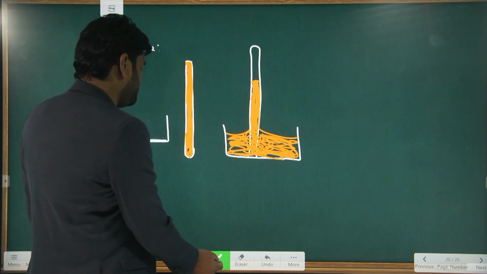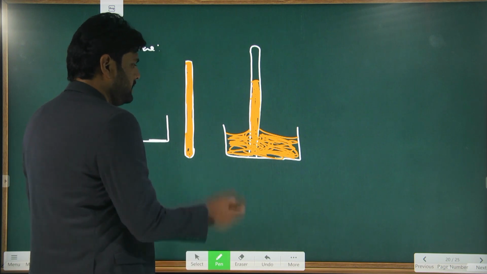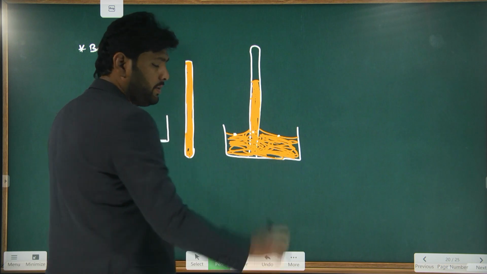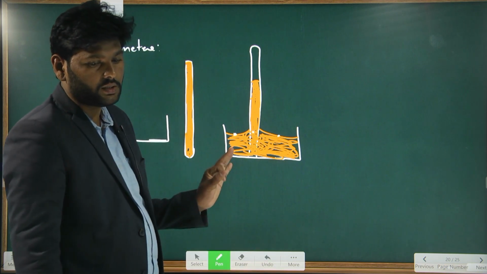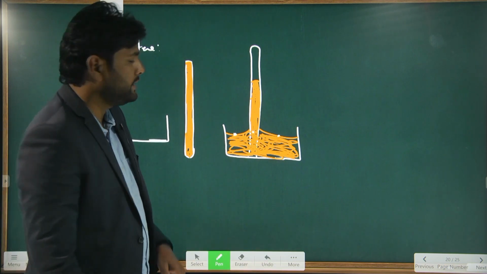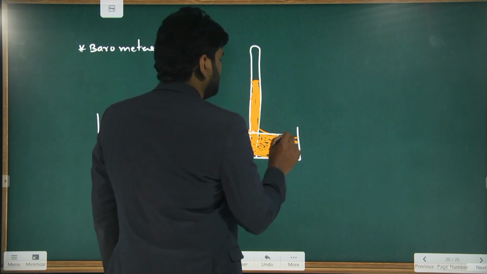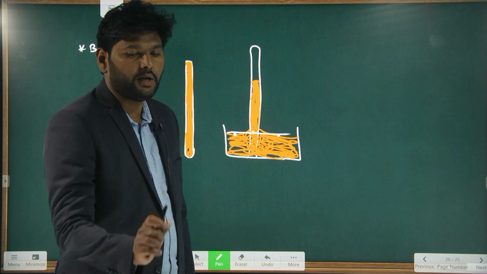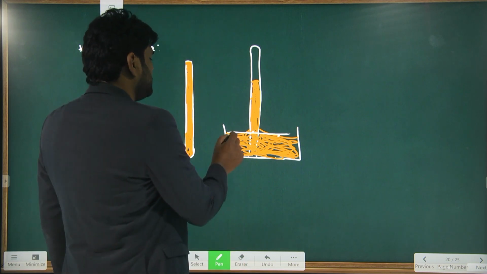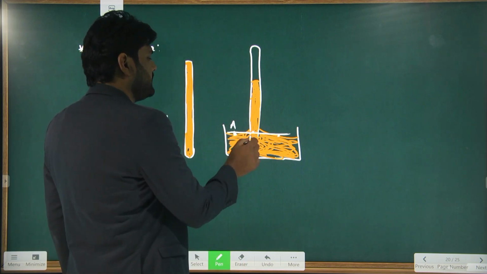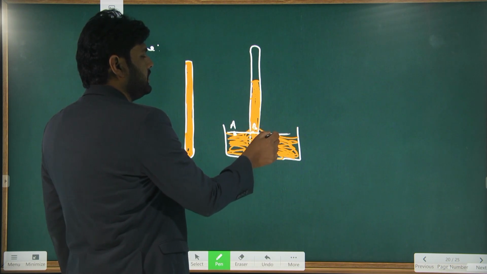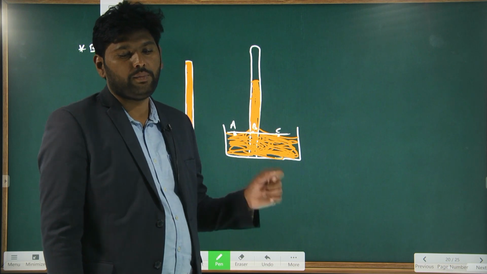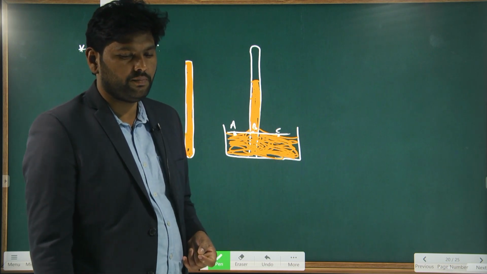Now here, observe that this is one point, this is another point, and this is another point. How many points are there? 3 points you should observe here. These 3 points are at the same horizontal level. Let us assume that this point is A, this point is B, this point is C. Across point A, you have the pressure because of the atmosphere.